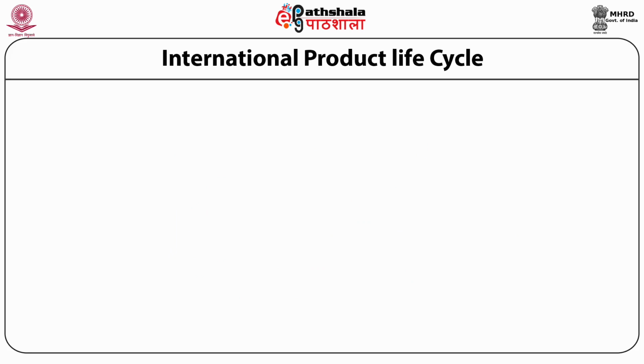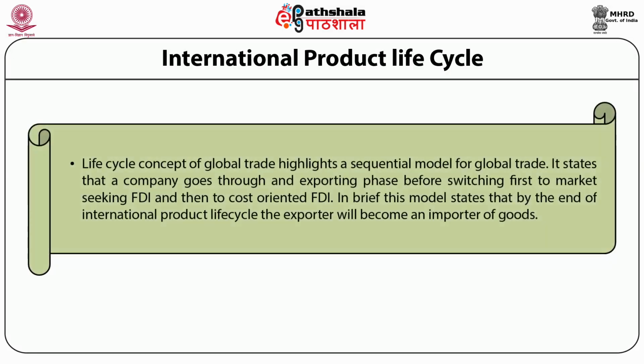International product life cycle. The life cycle concept of global trade, students, highlights a sequential model for global trade. It states that a company goes through an exporting phase before switching first to market-seeking FDI and then to cost-oriented FDI.